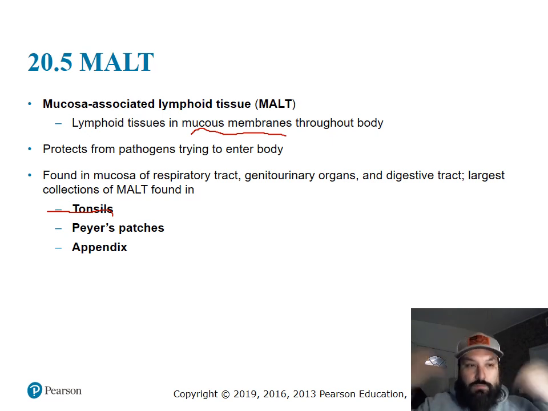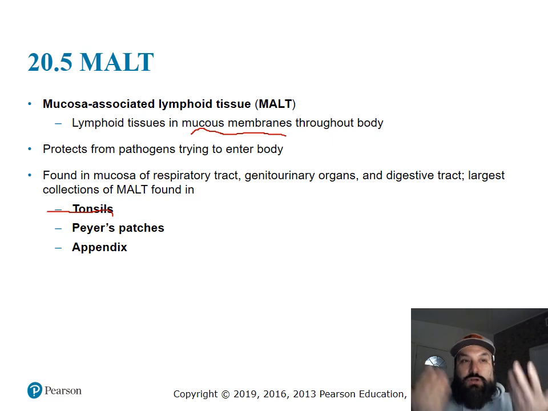That area is where you put all those things in, and because of that, the tonsils there are extra lymphoid nodules that are there to protect that area. Okay, so high areas of potential invasion, right?